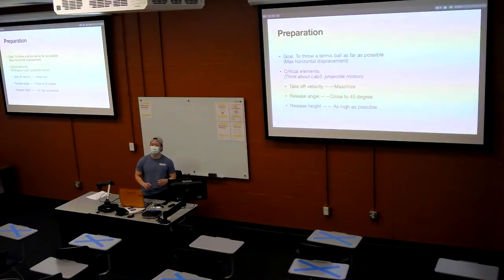But think about it: if you want to throw a ball as fast as possible, what would be the best release angle in your mind? Would it be 45, or would you want to throw it a little bit more horizontally? It's easier for the human body to generate velocity in the horizontal direction than in the vertical direction.